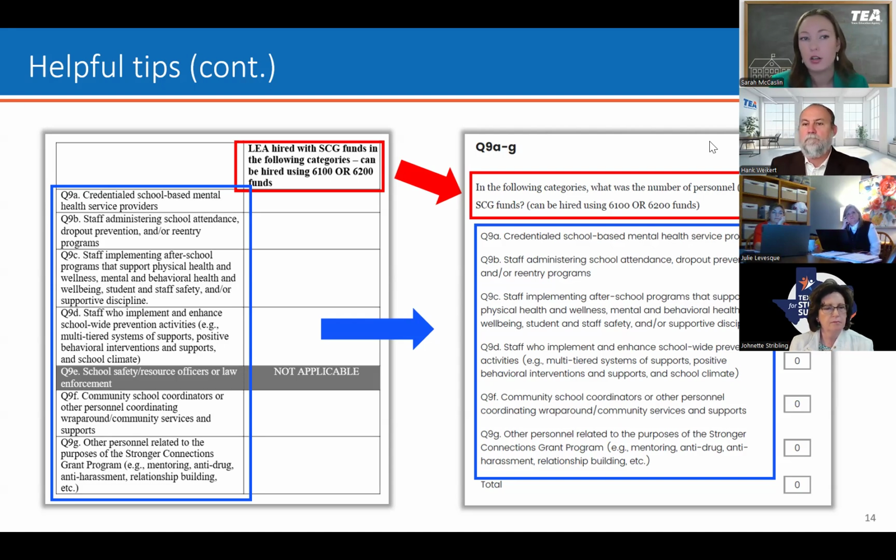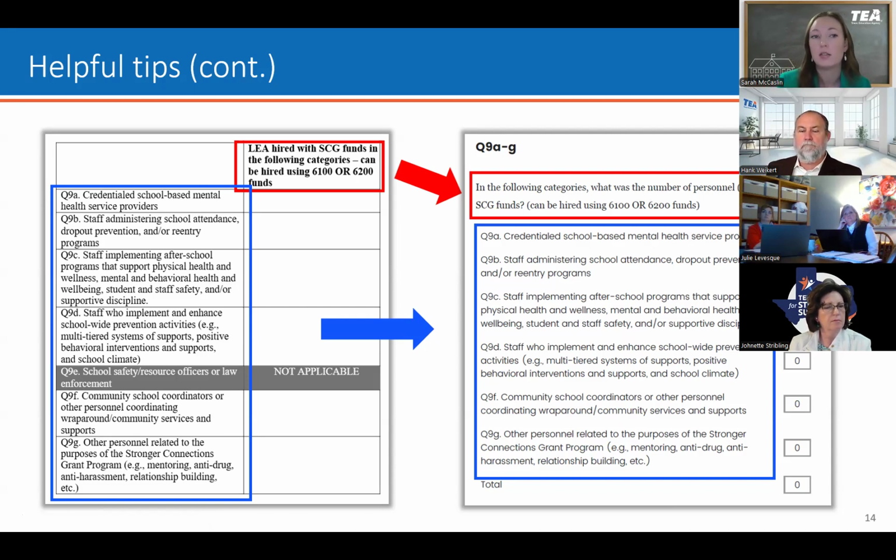So if you hired a credentialed school-based mental health service provider who also worked as a community school coordinator providing wraparound supports, which you'll see is listed down here under Q9F, even if it's an even split, you would not put half of that one person in Q9A and half of that one person in Q9F.